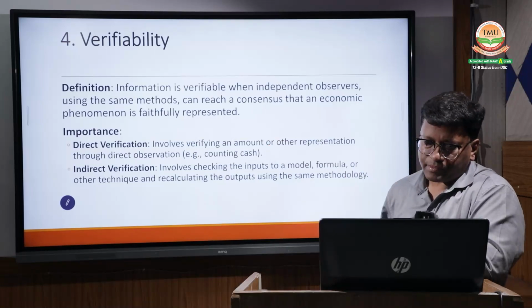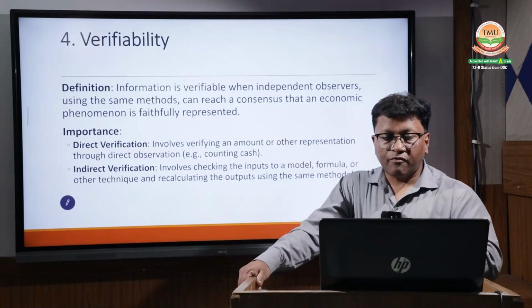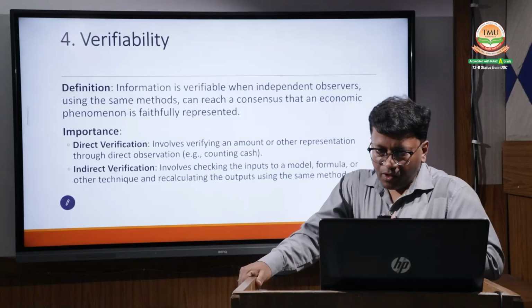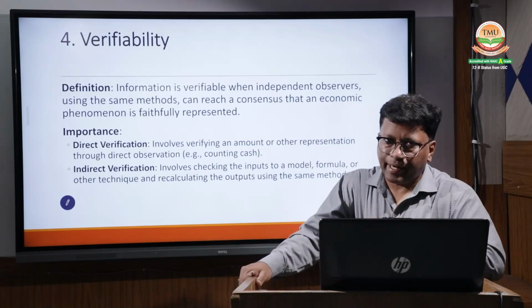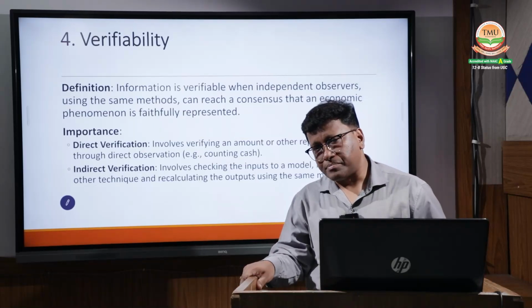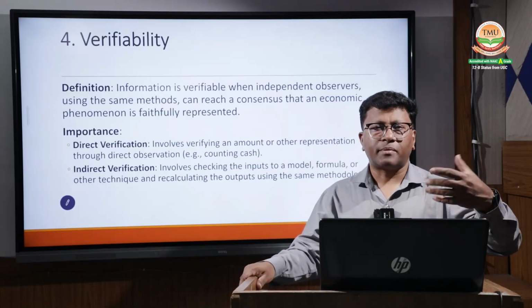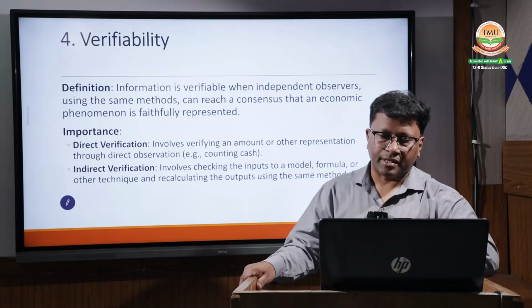Direct verification and indirect verification. So direct verification involves verifying an amount or other representation through direct observation. Right? Suppose you are maintaining the books of account, and on the basis of information there are some revenues, there are some expenses.